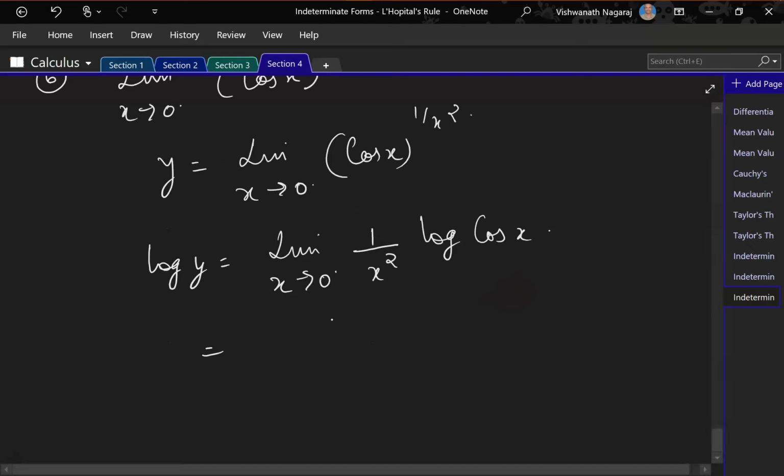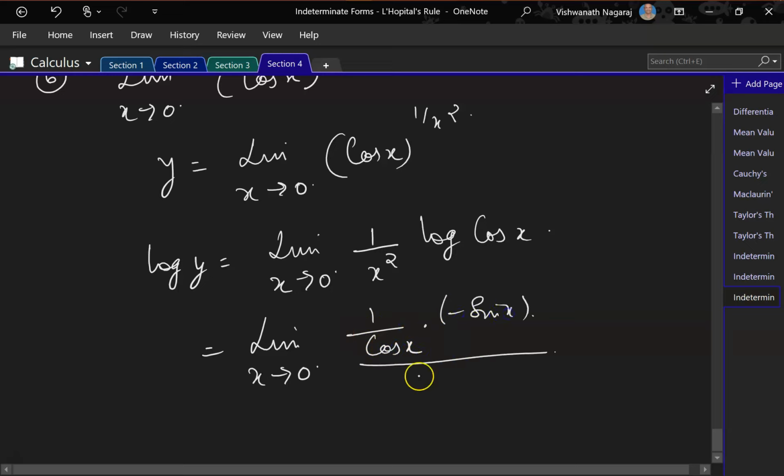Okay. Now what do we do? Let's differentiate with L'Hopital's rule. The derivative of log cos x is 1 by cos x times minus sin x, and the denominator will become 2x.